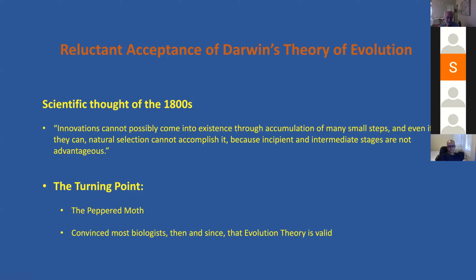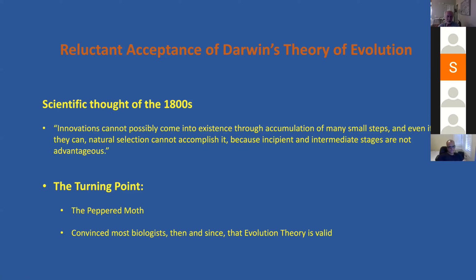We know now that this is not true, that evolution can proceed in small steps, and it almost always does, and that natural selection can produce the small steps that are needed for evolution to occur.